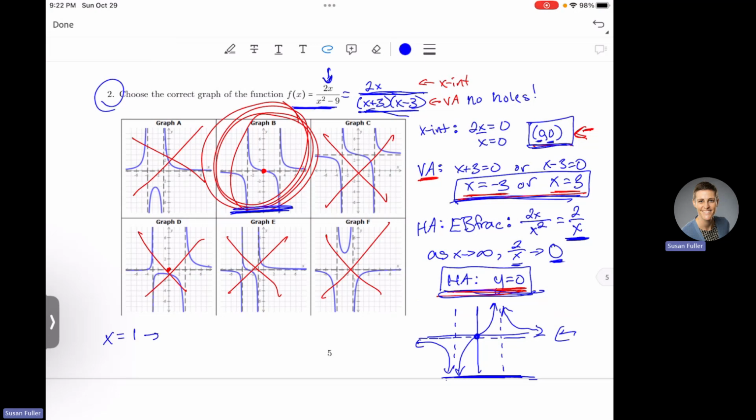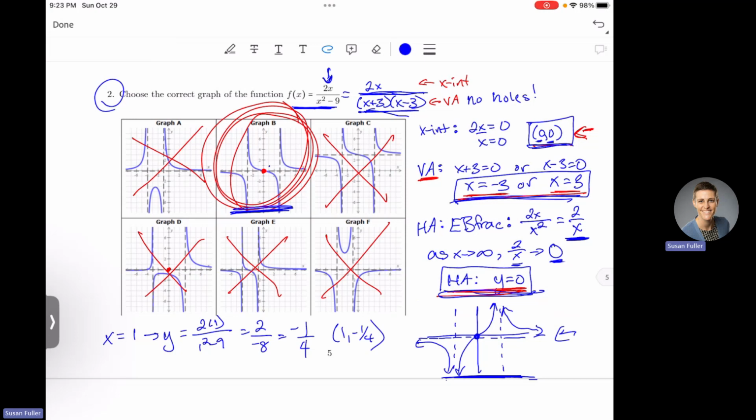And I would plug it into my function. And y is going to be 2 times 1 over 1 squared minus 9, which is 2 divided by -8. That's -1/4. So that means the point (1, -1/4) has to be on my graph.